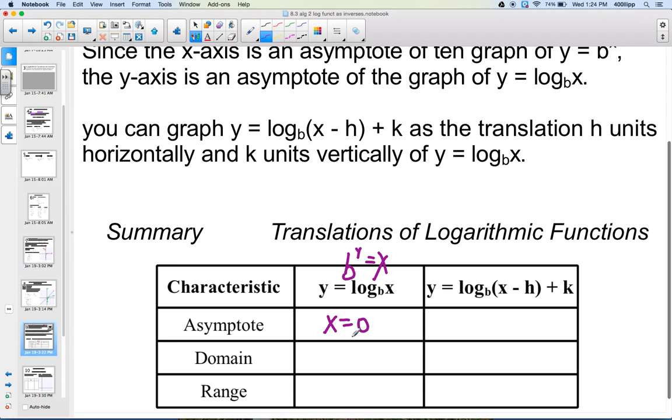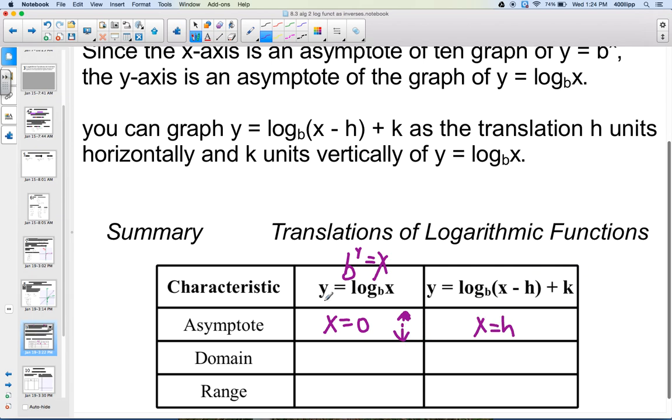Now, since that's a vertical line, if I move left and right, that's what's going to change my asymptote. So now x equals h is going to be your asymptote for your translation.